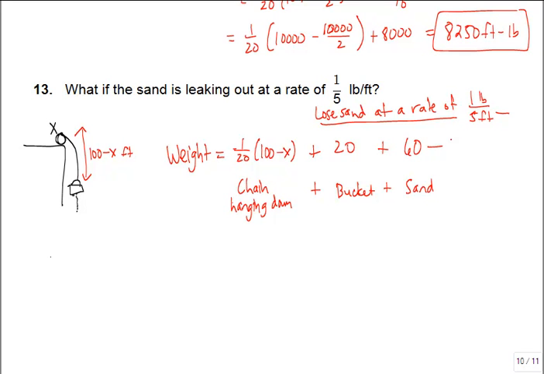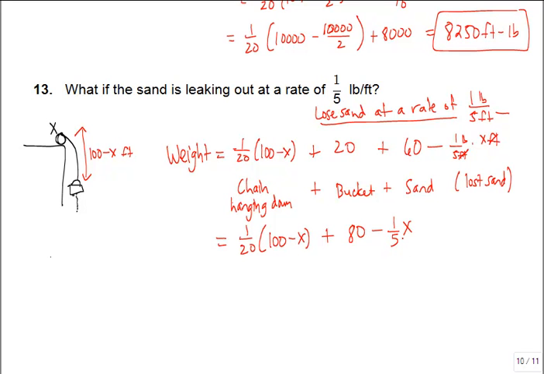So this is going to be minus 1 pound per 5 feet times every x feet of chain that I wind up. So this is going to be the amount of lost sand that I'm subtracting off. So cleaned up, this looks like 1/20th (100 minus x) plus 20 plus 60 is 80, and then this is going to be a 1/5 times x.